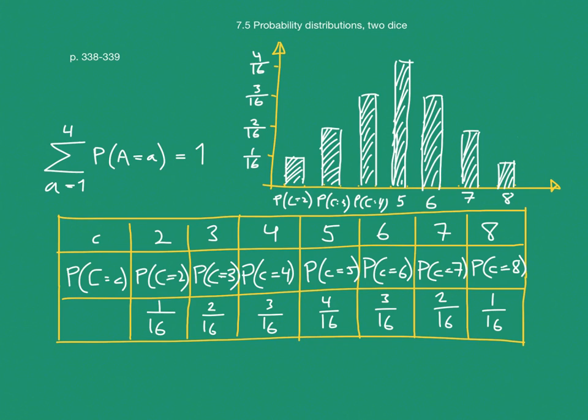And if you had already learned about integrals and finding the area under a curve, you would find that the area is equal to 1.